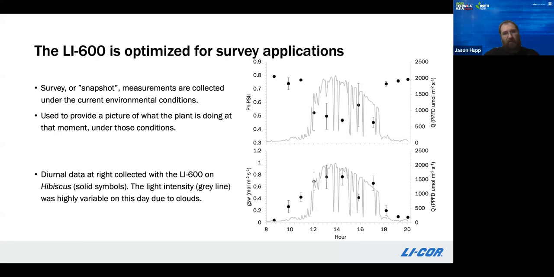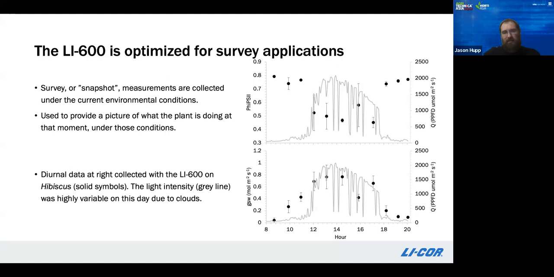And it tells you what the leaf is doing at that moment in time, right? I said earlier that these photosynthetic parameters are not static. There's this whole host of developmental things that change them, but there are instantaneous behaviors that cause them to change over the course of a day.